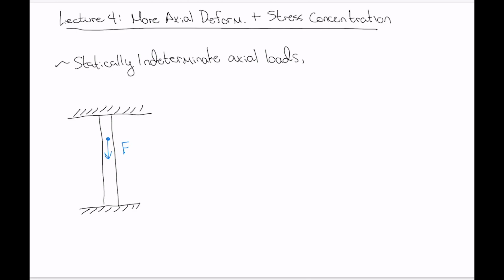And let's say that this is point A and this is point B. And we want to know what the stress in this object is due to load F, assuming that we have a magnitude for F and some dimensions.